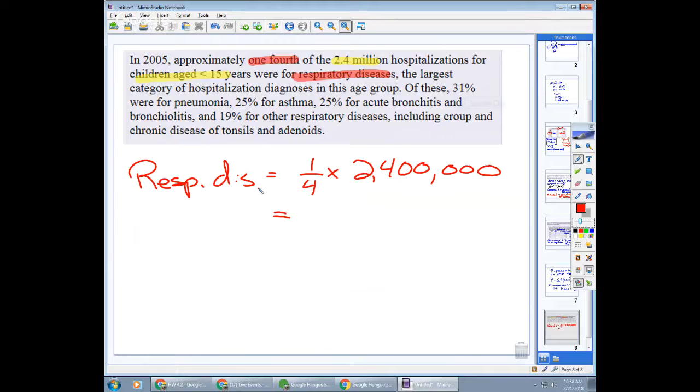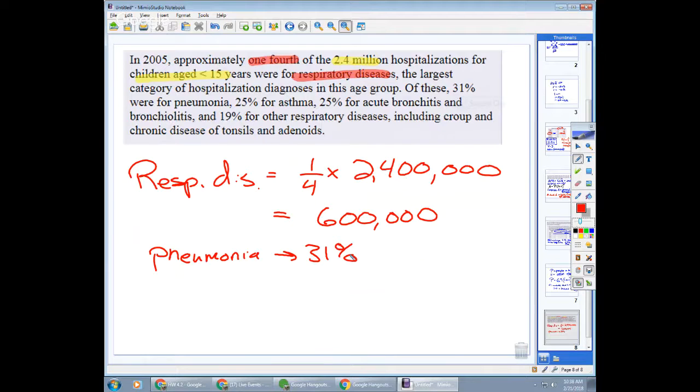600,000? Yeah, that sounds right. All right, so of all of those 2.4 million hospitalizations of children, categorizing a child as someone under 15, 600,000 of them were respiratory illnesses. Now those respiratory illnesses get broken up into different parts. So we've got, what else? Pneumonia is 31%.